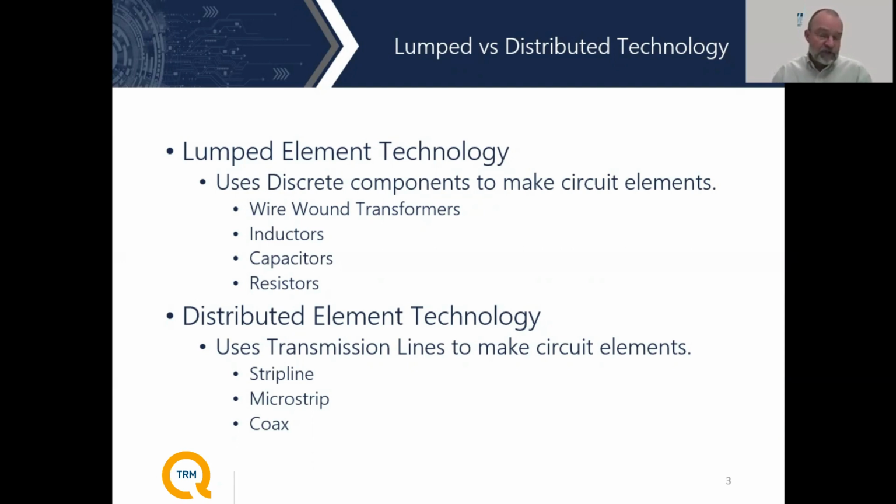Distributed element technology, on the other hand, uses a series of transmission lines, which are lines of a specific length and a specific impedance, and the length and impedance and the way that they're interconnected creates the circuit elements. So the circuit elements are not individual components. The circuit elements are actually the PC board itself and the circuit that's printed on it.